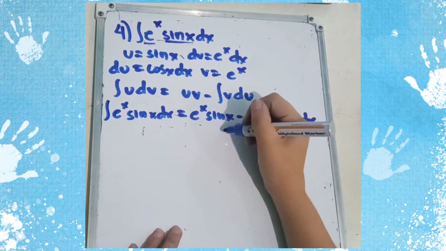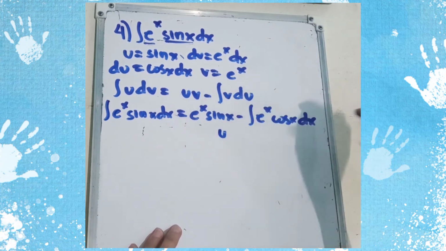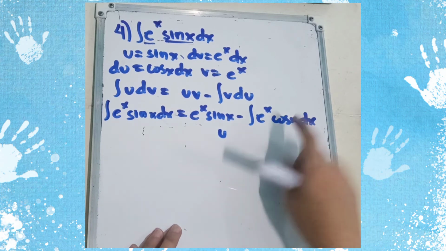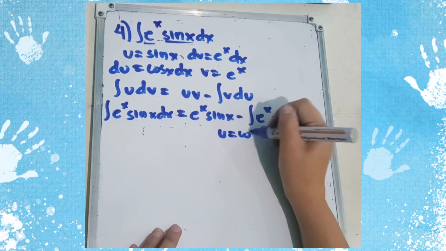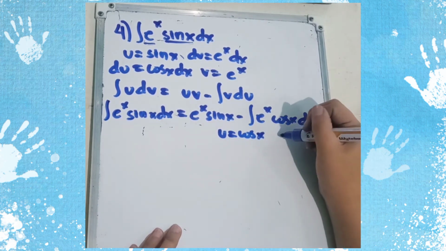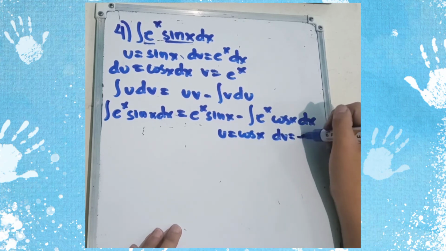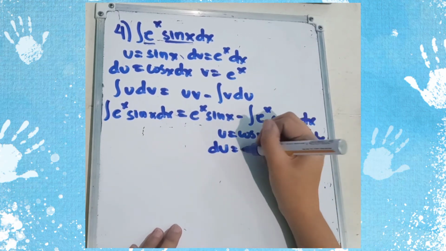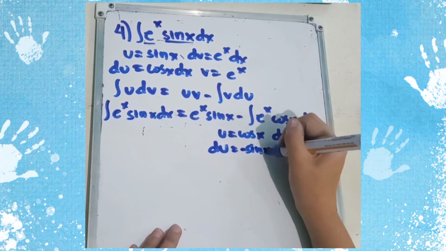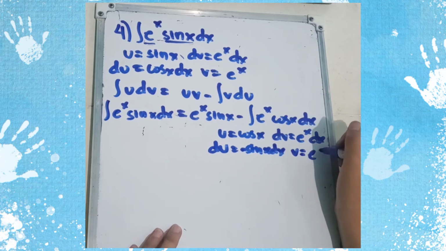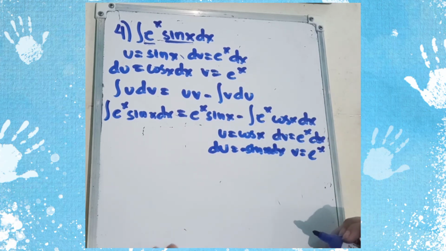So we let u, so this is exponential, this is trigonometric, so trigonometric comes first, so u will be cosine x, then dv will be e raised to x dx. Then the derivative of cosine x is simply negative sine x dx. Then the integral of dv is simply e raised to x.